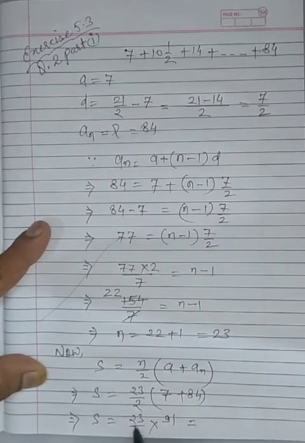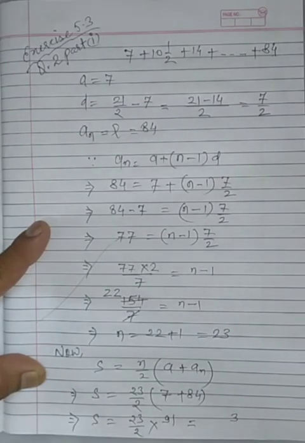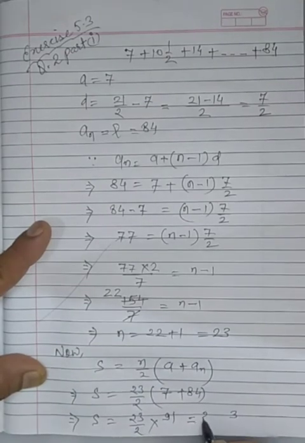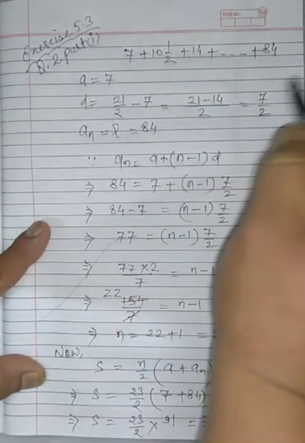Therefore, if we multiply both the numbers, we get 2093 upon 2, which is the sum of all these terms.